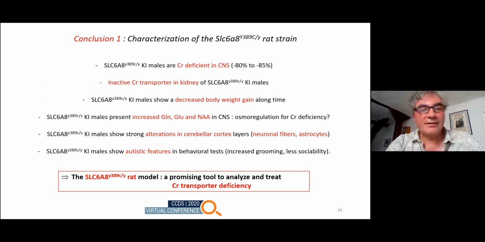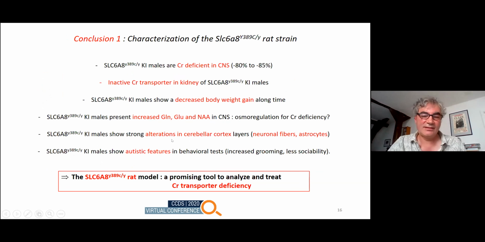So as a first intermediate summary, our knockin rats are creatine deficient in the brain, have no creatine transporter activity in the kidney, decreased body weight gain, and increased glutamine, glutamate, and N-acetyl aspartate in the brain. So maybe there are osmoregulation problems in these knockin rats.